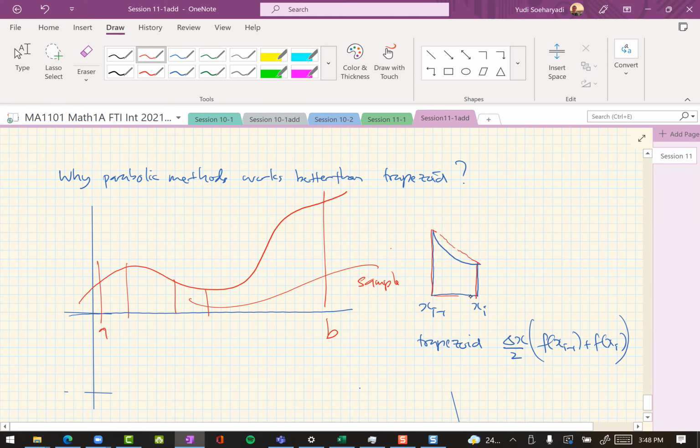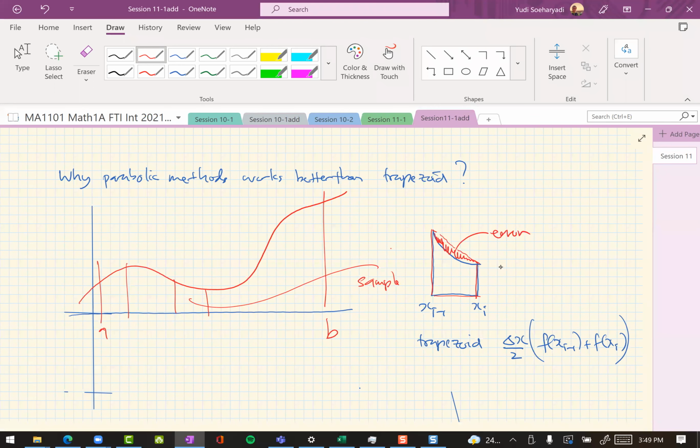So where's the error? This is the error. Why does the error occur? Well, because you have a curve, then you try to approximate the curve using a straight line segment. So that's why.